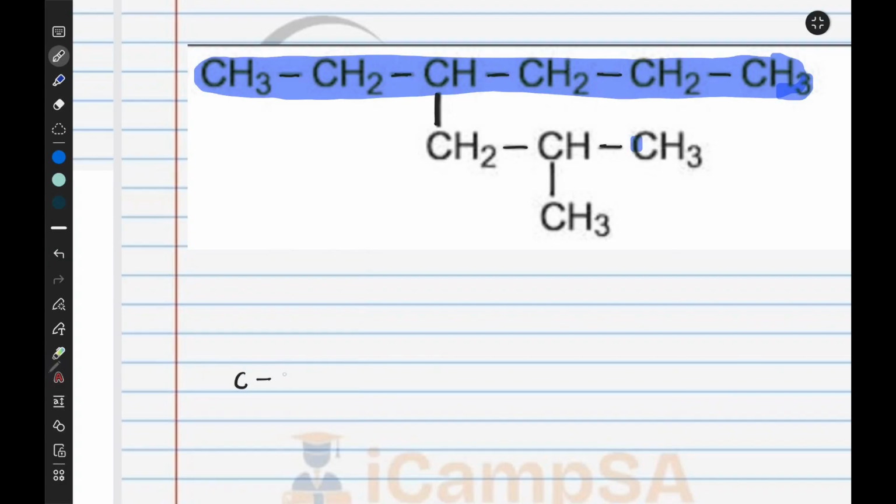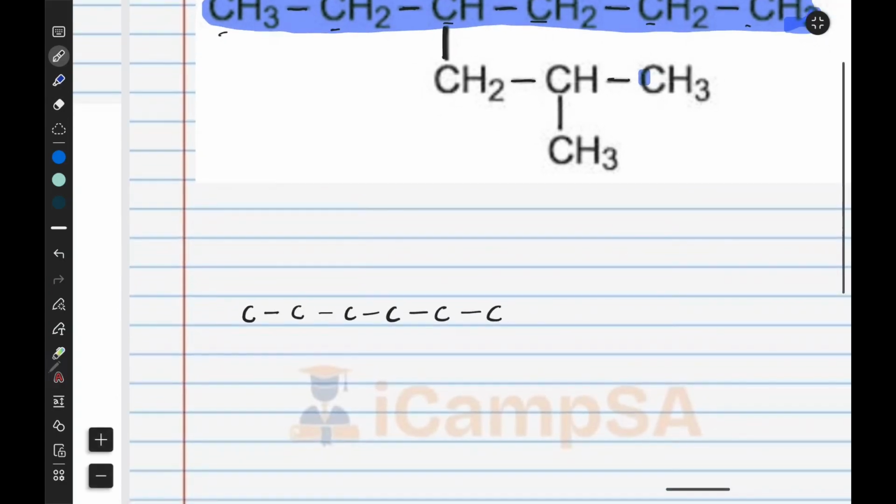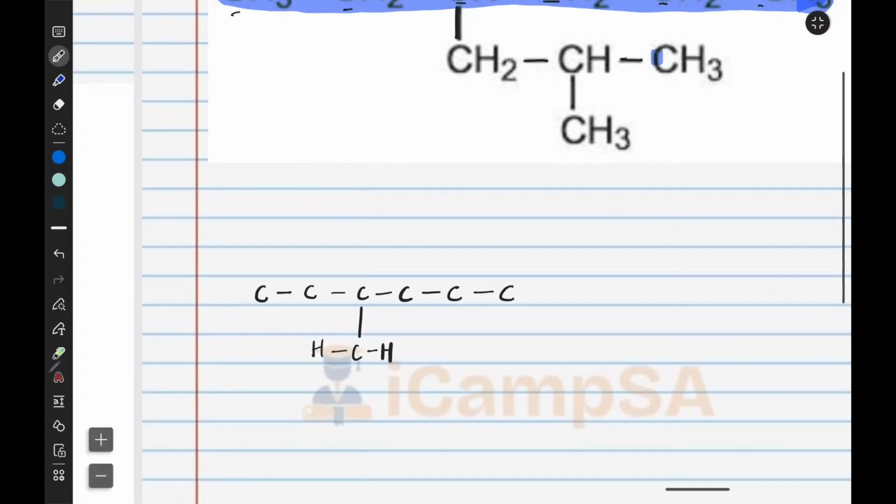See? So that's 1, 2, 3, 4, 5, 6. Okay, let's first sketch those ones. Now that we have those, on the third one we can get a CH2. But then this CH2, we can put it like this if we want.